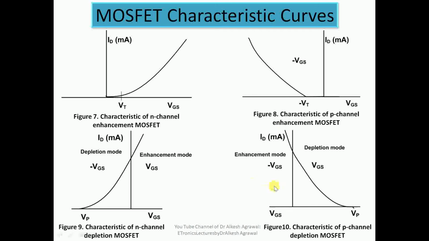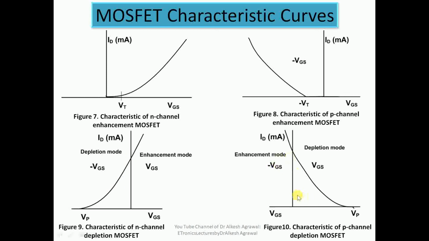Whereas in figure 9 and figure 10 we have the characteristics of N channel depletion MOSFET. That can work both in depletion mode as well as enhancement mode. That depends upon the kind of voltage given to the gate to source. Since this is an N channel MOSFET, if a positive polarity voltage is given, the channel will be enhanced. But when a negative polarity gate to source voltage is given, being an N channel MOSFET, the channel will get depleted.